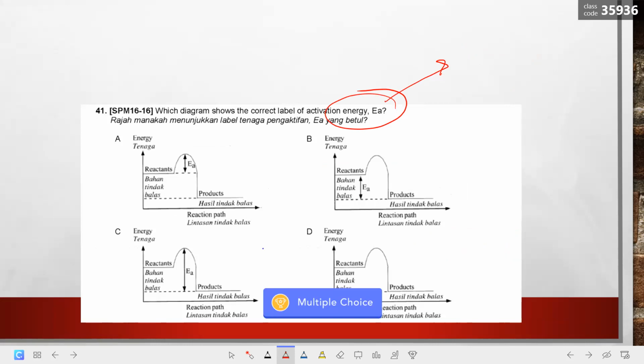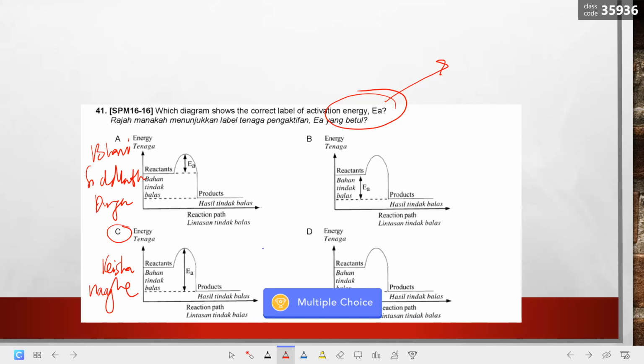Okay, Kisha says C. Siddharth says A. Durga, A. Bhavi, A. Nage, C. Okay, let's look.